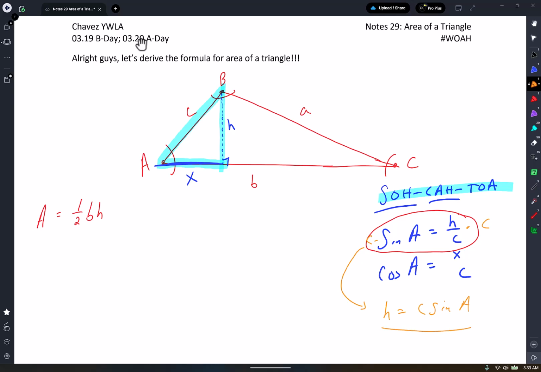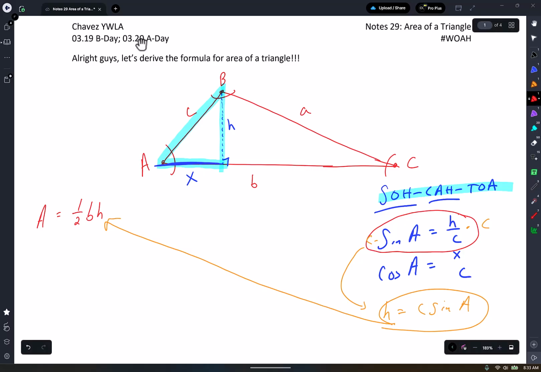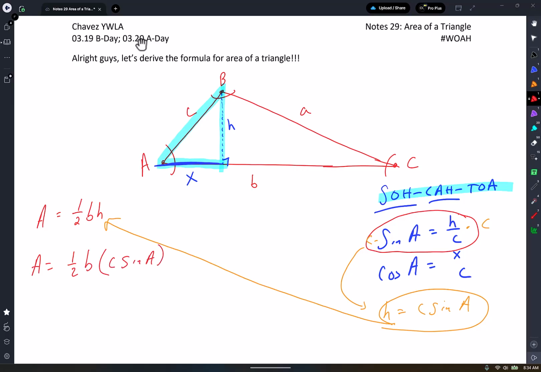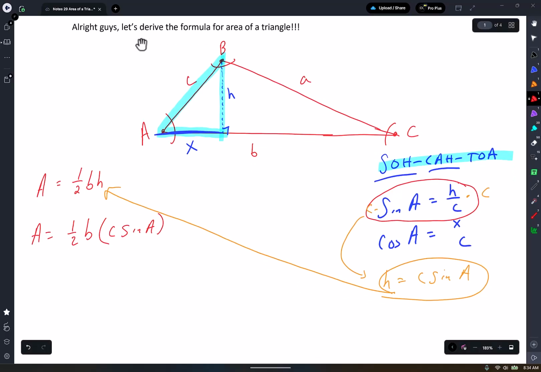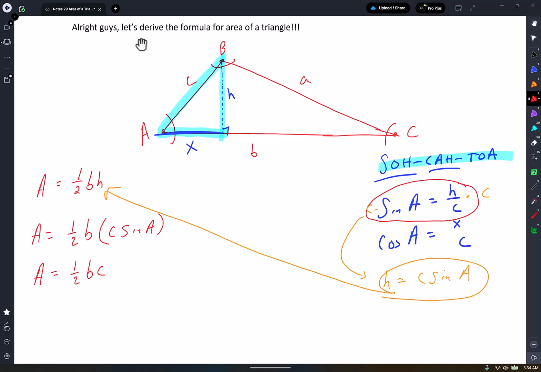If I substitute this for H right there, I'm going to get this. So let me substitute: area equals 1/2 base, open parenthesis, and I'm going to write C sine A. If I drop the parentheses, I get this. Area of this triangle is 1/2 BC sine A.